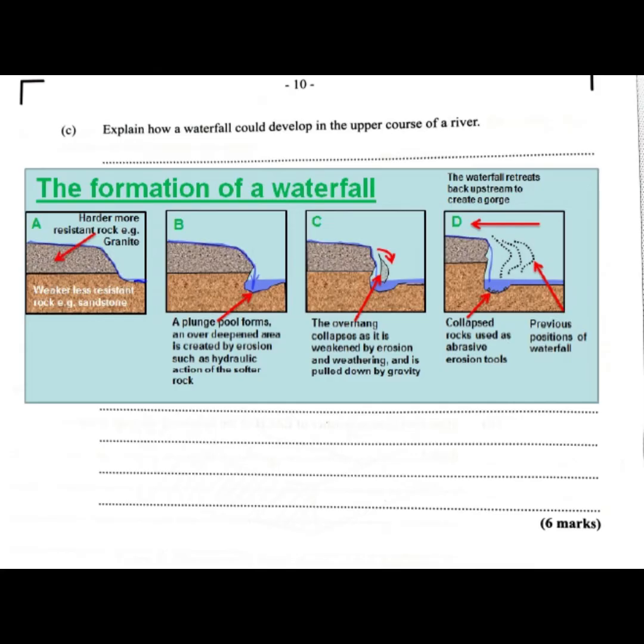So it will basically collapse. Once it collapses, it leaves behind a steep-sided cliff with a waterfall. So we basically say that the waterfall is retreating, and this is something that is continuously happening to that area, or to any area where we have a waterfall.